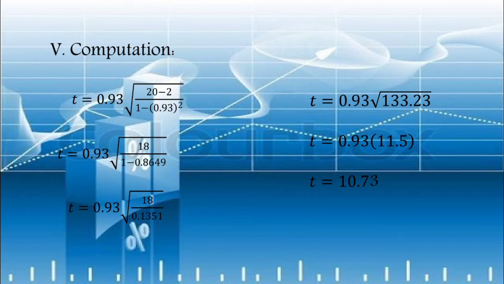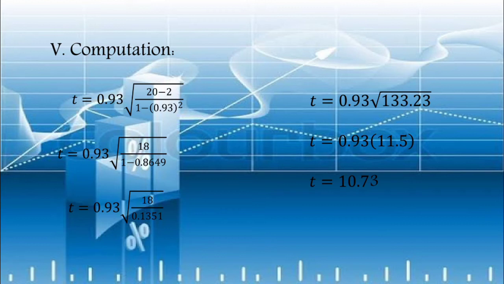1 minus 0.8649 is equal to 0.1351. Then t equals 0.93 times the square root of 133.23. The square root of 133.23 is 11.5. Then t is equal to 0.93 times 11.5, which is equal to 10.73.